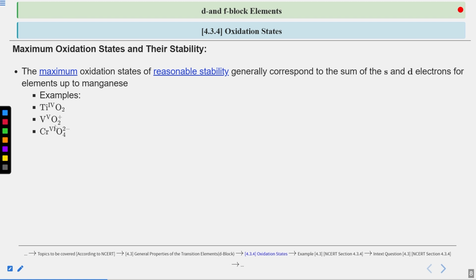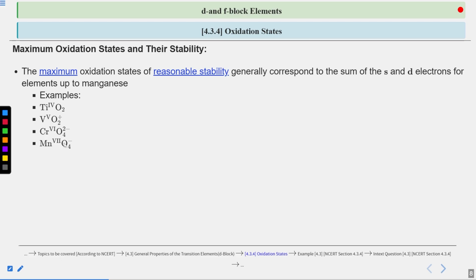Similarly, chromium in +6, as in CrO4 2-. Chromium in +6 means, for the same reason, that it has lost 1 electron from the s orbital and 5 electrons from the d orbital, attained the noble gas configuration and become chromium +6, which is the maximum stable oxidation state.